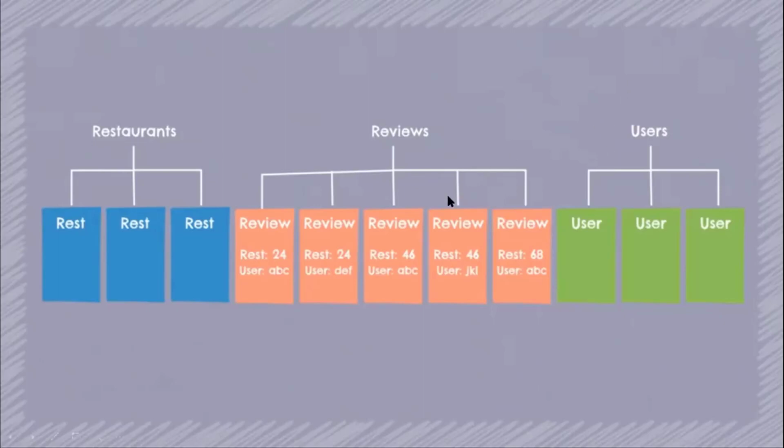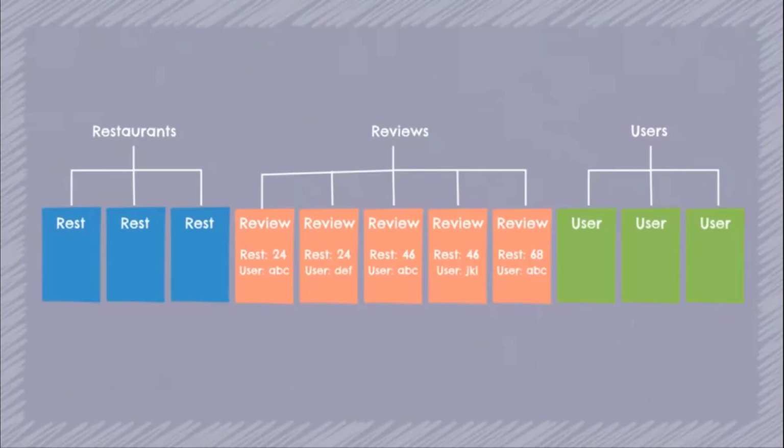But let's say now that you don't just want to show each review, you also want to show the user who gave that review. So in this case, you might think that, oh, I could do the same for each review. I could give a user key. But the problem that arises here is that if you want to get each reviewer's details using this method, you'd not just have to query the reviews object.